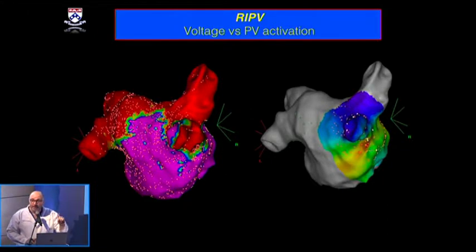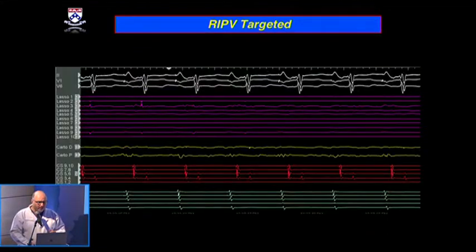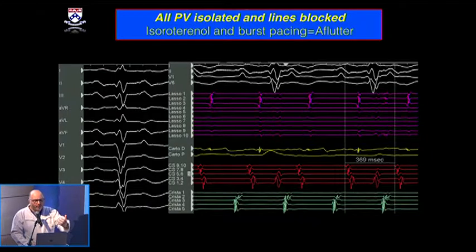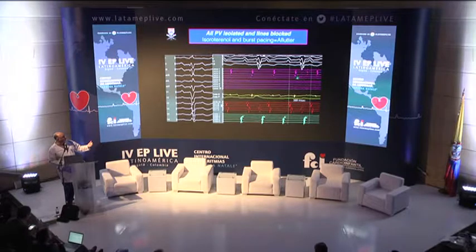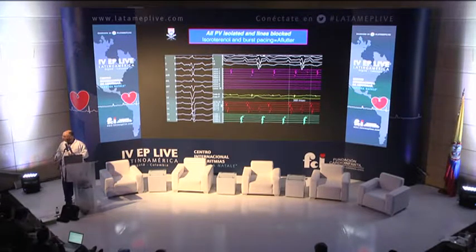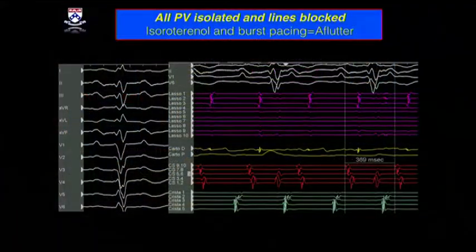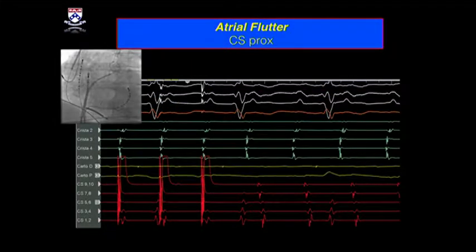Apparently, this is the septal aspect of the left atrium. We disconnect the vein, and after disconnecting the vein, a flutter is induced, which is normal at 370 milliseconds. So this line, which apparently was blocked, is probably not blocked.